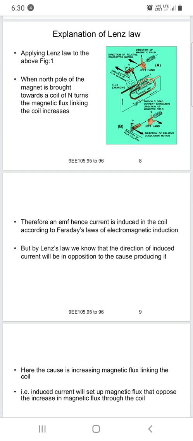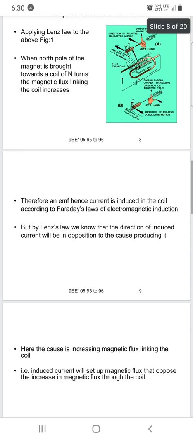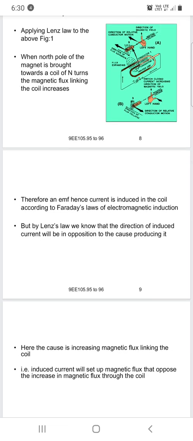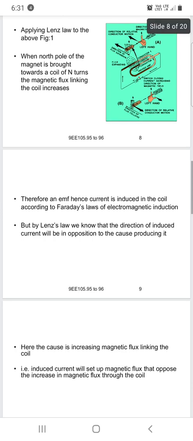The Lenz law formula is E equal to minus N into d phi by dt. That is the induced EMF produced according to Faraday's laws of electromagnetic induction, the second law.